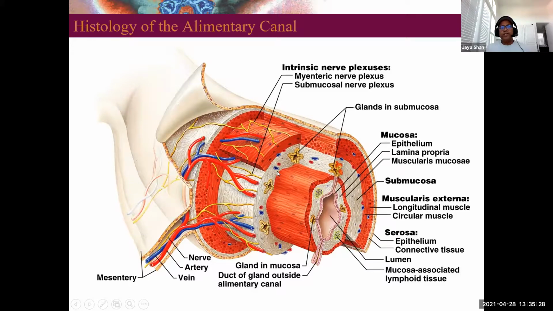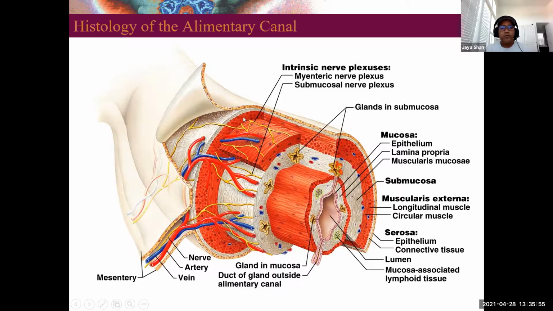And to control these glands in the submucosa and the muscle contraction in the muscularis externa, there are intrinsic local nerve plexus, which has its own generation and conduction of action potential, as well as being modified by the autonomic nervous system. Okay, so what are those nerve plexus?